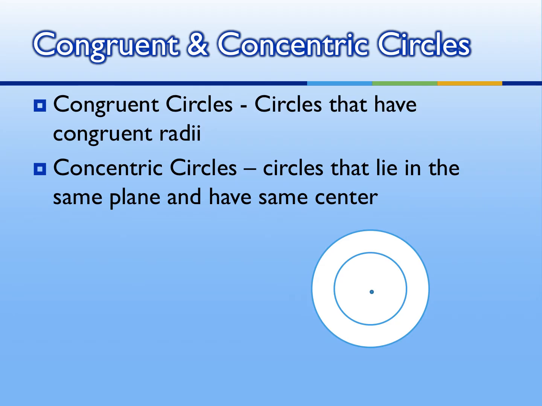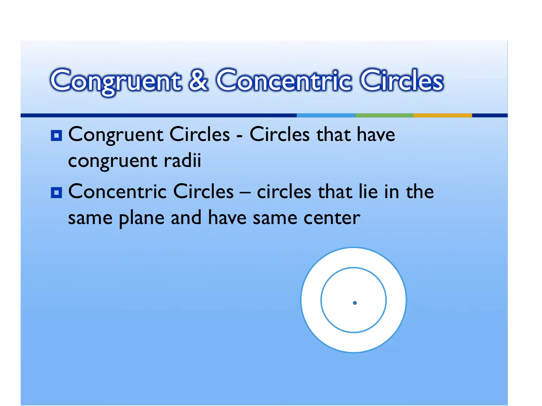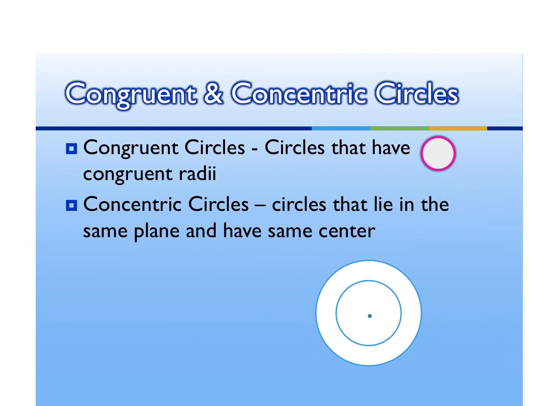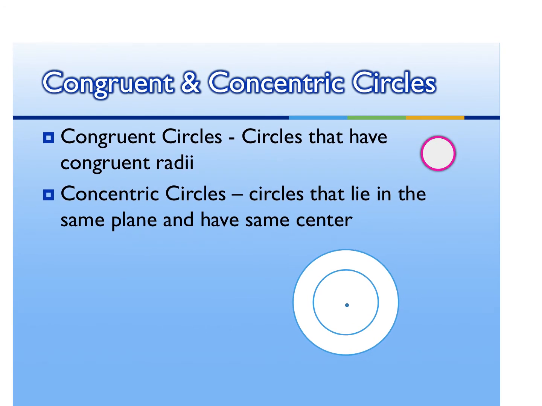Next vocabulary terms are congruent and concentric circles. So congruent circles are just circles that have congruent radii. They have the same length. They can either be sitting side by side. So for example, you could just draw two circles next to each other, and then label the radius.